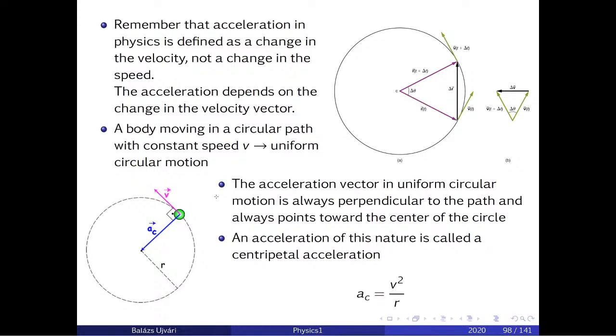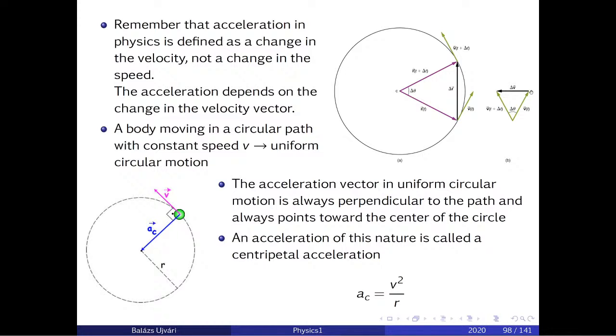Alright, one thing you can't forget: even if the speed is constant, the velocity can change. For example, when you move on a circle with a constant angular velocity, the speed is constant, but the direction changes. If it were a constant direction and the same 1 meter per second in that direction, delta v would be zero. But in circular motion, delta v is a non-zero vector.